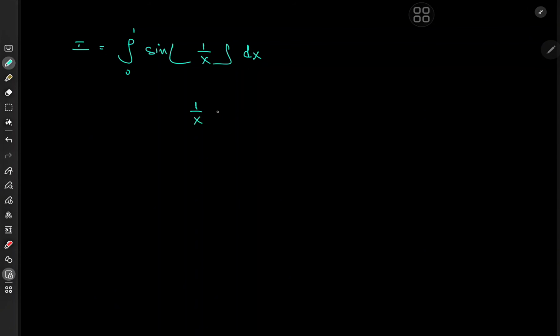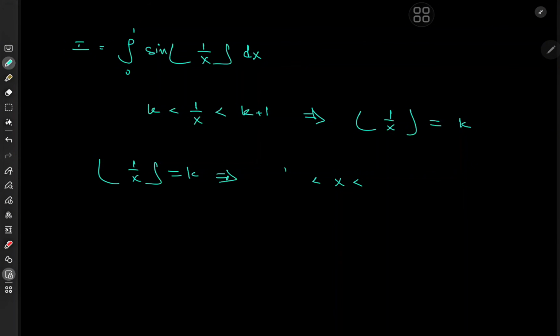Now for 1 over x bound between k plus 1 and k, the floor of 1 over x returns k. Okay, cool. So that means if I want to write floor of 1 over x equal to k, this will imply that x should be bound between 1 over k plus 1 and 1 over k.